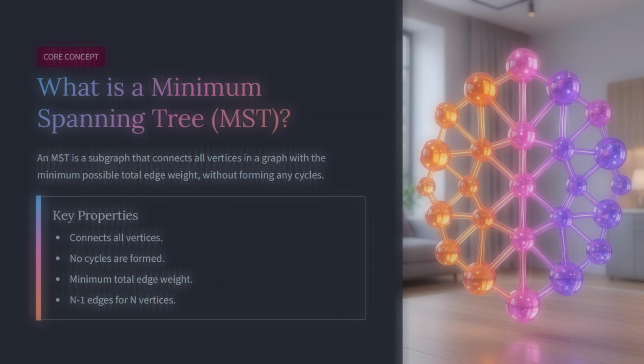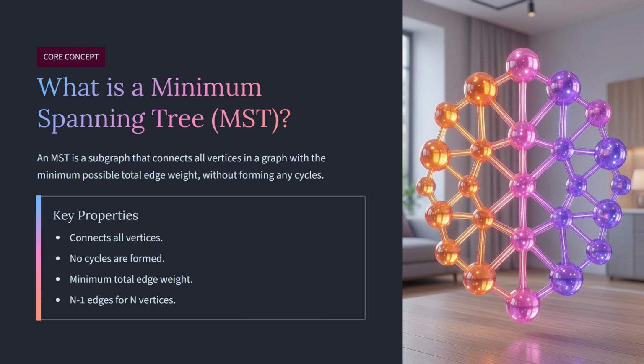Now let's talk about the main concept, the minimum spanning tree or MST. A spanning tree is a structure that connects all vertices in a graph without creating any cycle. And among all possible spanning trees, the one with the smallest total edge weight is called the minimum spanning tree. So our goal is very clear.